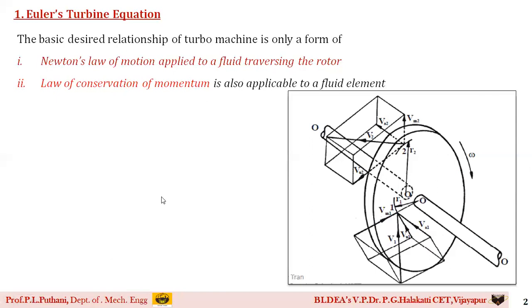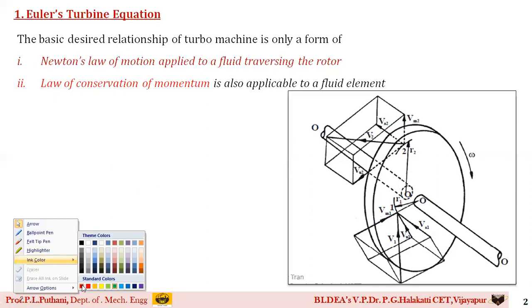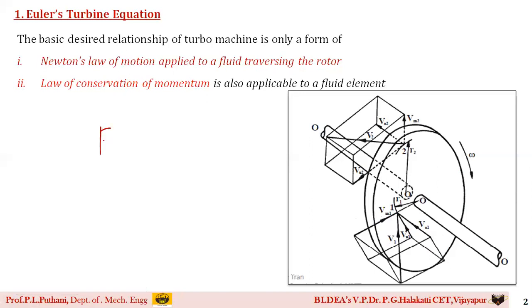We get an equation for the force, which is equal to d(mv)/dt. So force is equal to d of mv by dt. These are the things you get by applying Newton's law of motion.